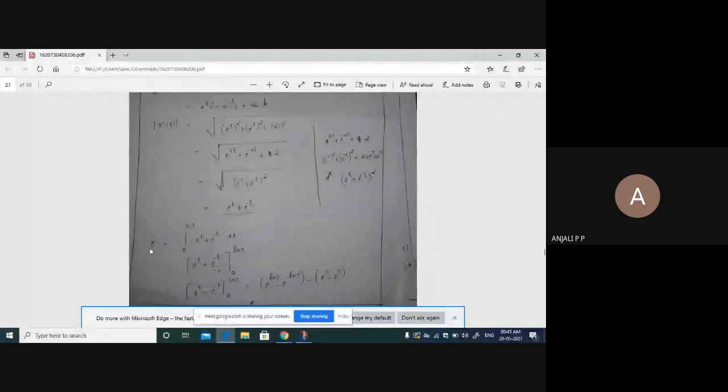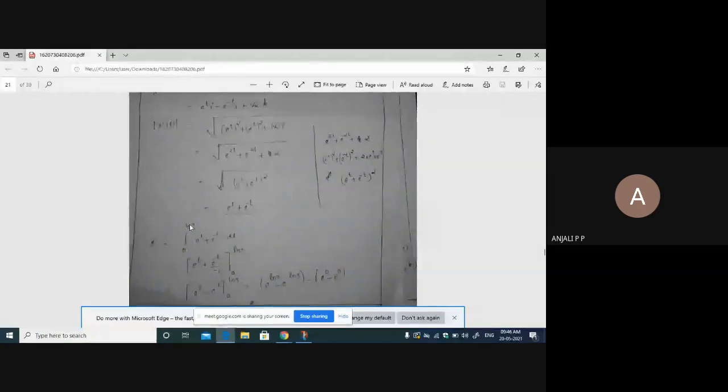Then the distance is equal to the integral from 0 to log 3 of e raised to t plus e raised to minus t dt, that is the integral from t1 to t2. Here t1 is 0 and t2 is log 3.